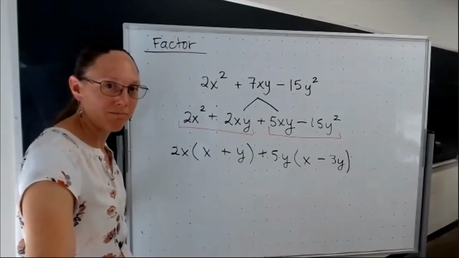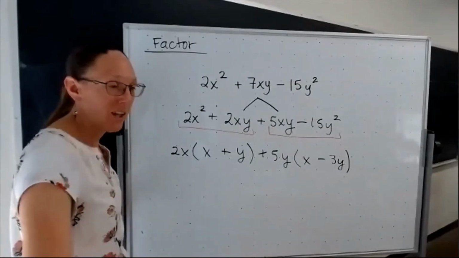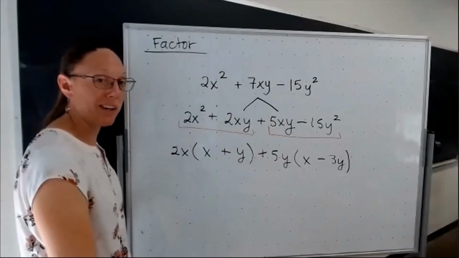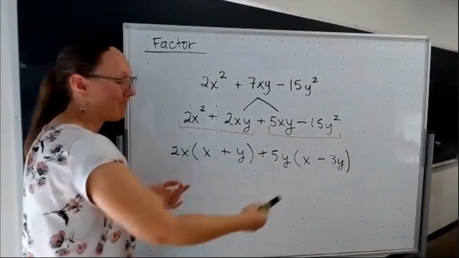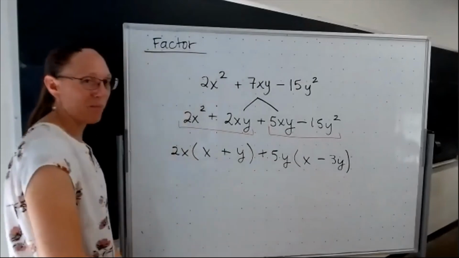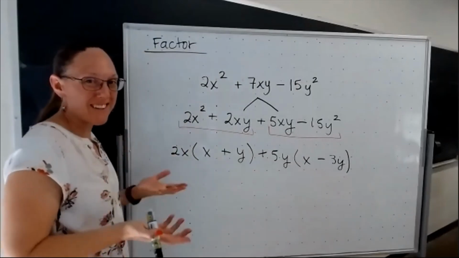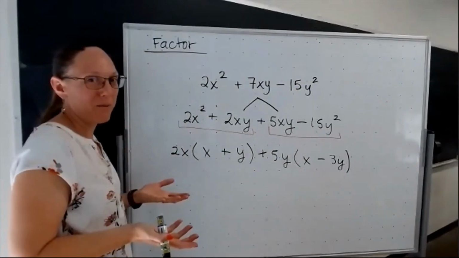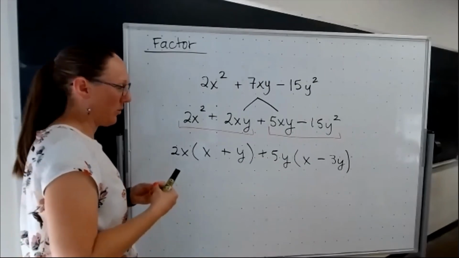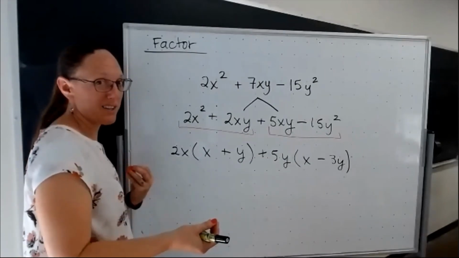You ready? So that sounded like a good way to split it up. But when I did it, I didn't get two terms that matched. So I didn't get something that magically worked to factor out for us.